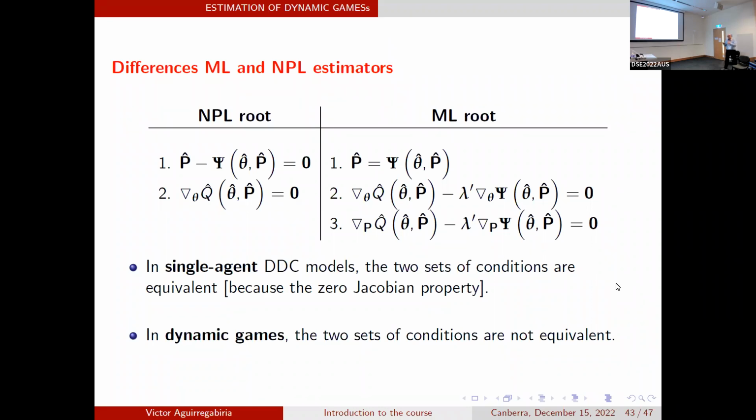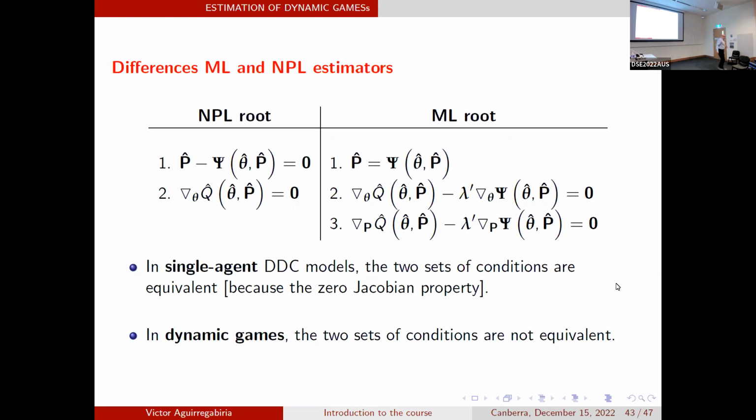And that is going to imply substantial computational savings relative to other methods for the maximum likelihood estimation that require calculating this Jacobian matrix.